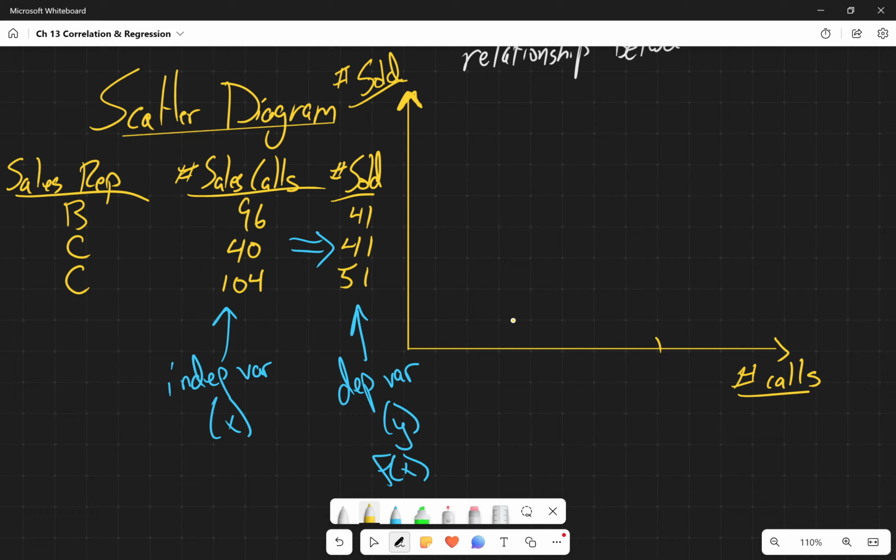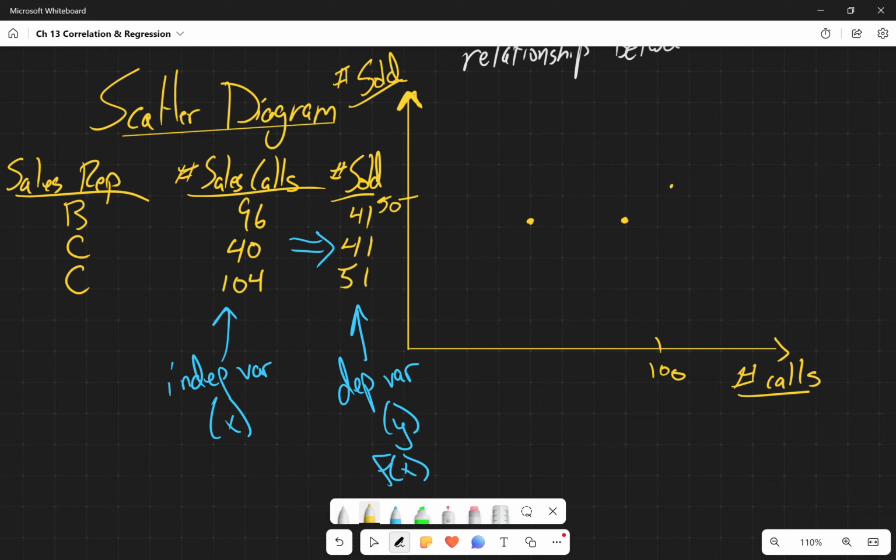We're going to say, okay, if this is 100 and if this is 50, then, you know, the first one, 96, 41, somewhere around here. The second one is at 40, 41 right there. The third one is at 104, 51 right over here. And so we're going to do this for all of the different contractors.